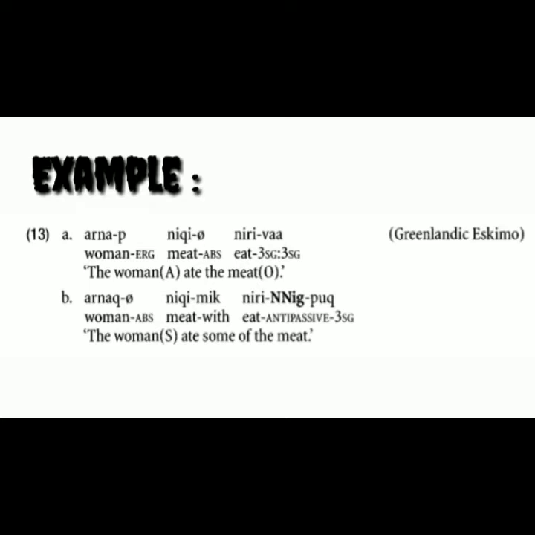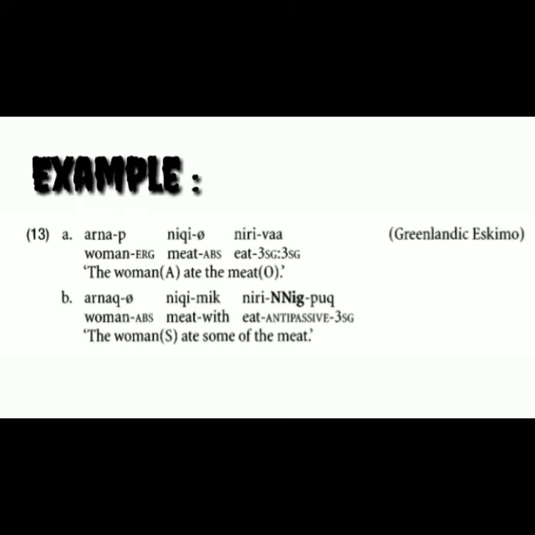And in the antipassive sentence in 13b, the former O argument meat is now demoted. It is no longer a core argument of the verb, but is instead an oblique noun phrase.